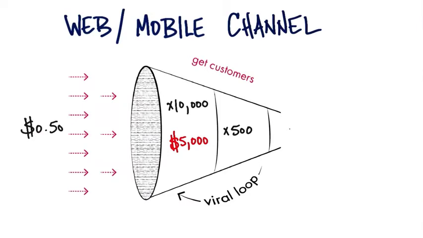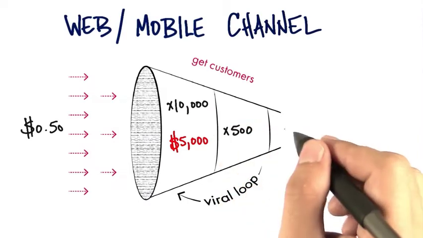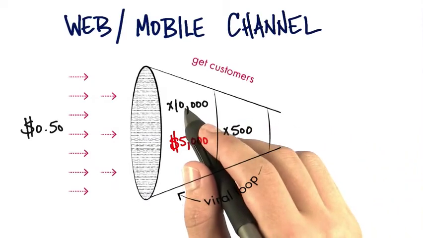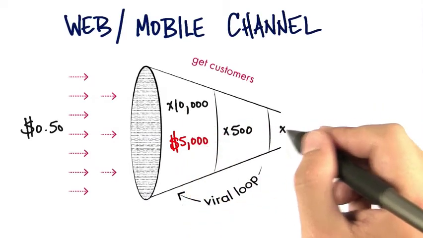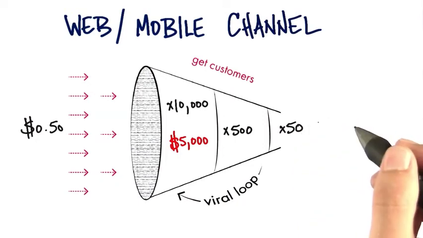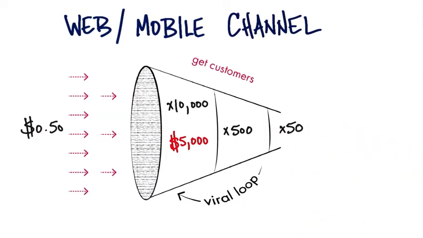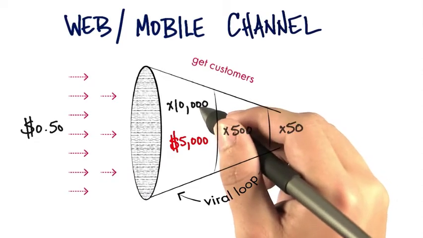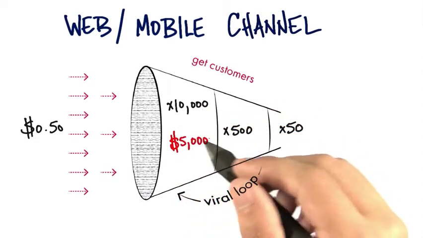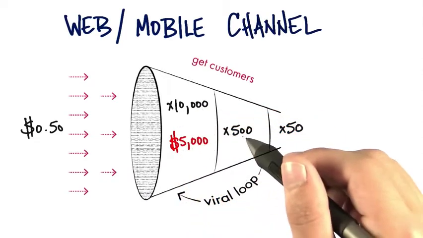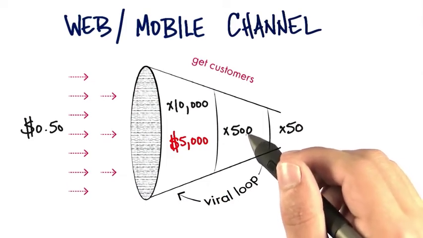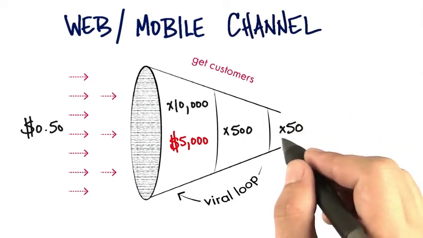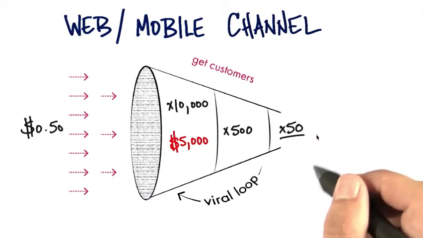But the goal is not to just have them use a freemium product. The goal is to actually have them pay for it. And what's interesting is, assume 10% of those now actually pay. So I started with 10,000 people who came to my site. I spent $5,000 for them. 500 people took a trial of the product, and only 50 actually paid for the full version.